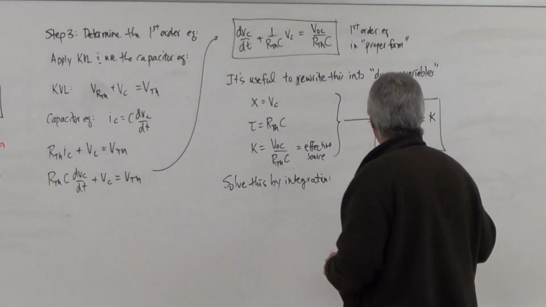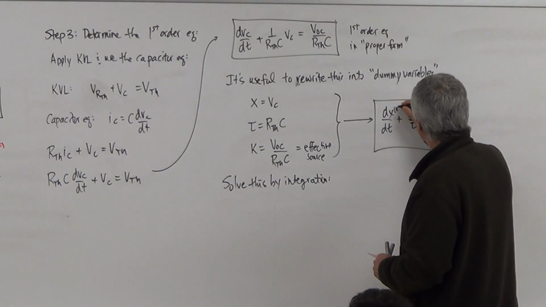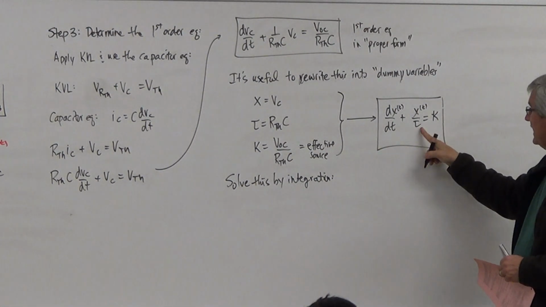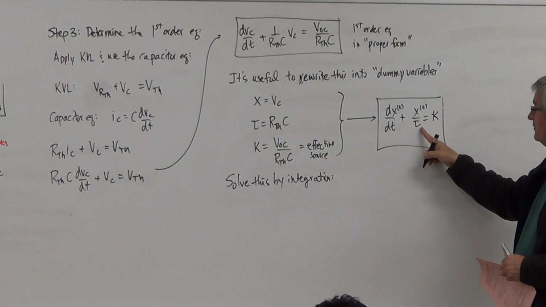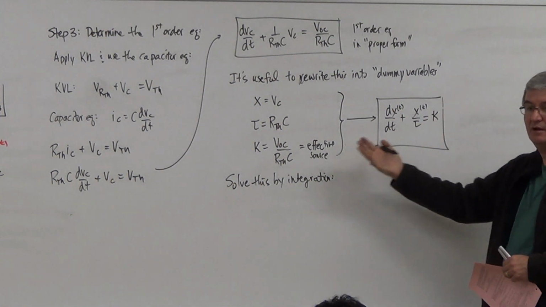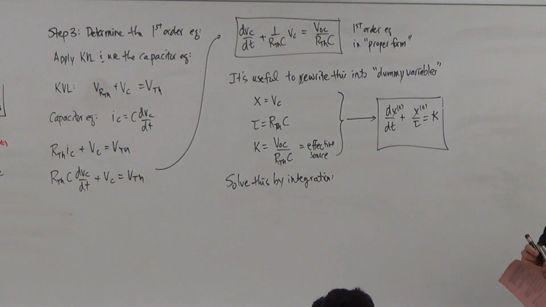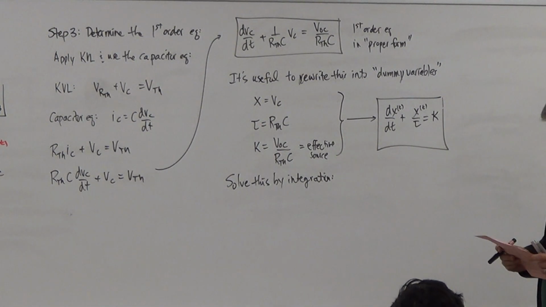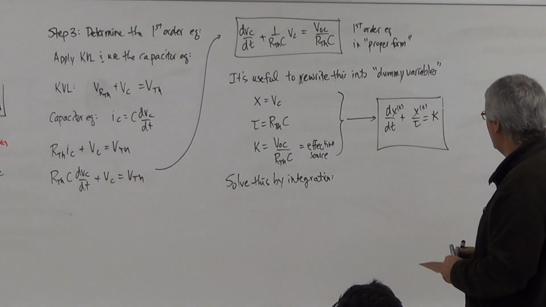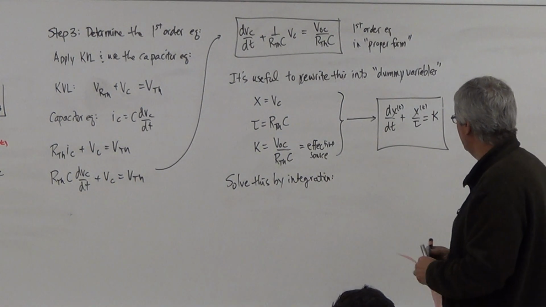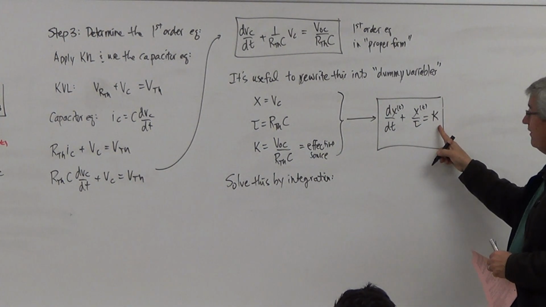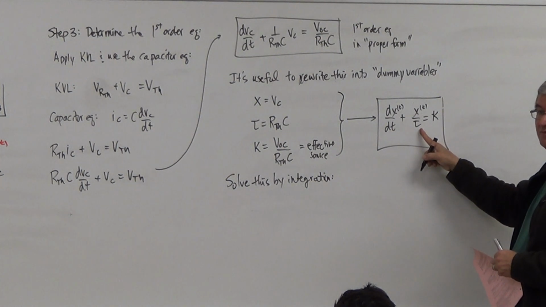So what we can remember here is that x is a function of time, k is a constant, and tau is a constant. All I have to do is isolate the x's on one side and everything else on the other side. That's what we typically do. The first thing I'll do is manipulate this a little bit. If I pull this over to the other side, I get a common factor of tau.